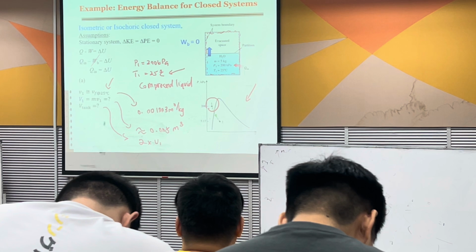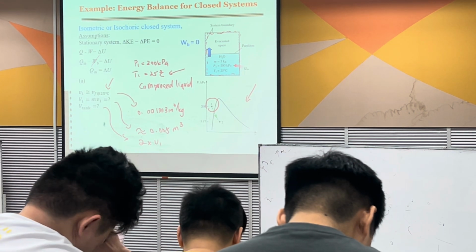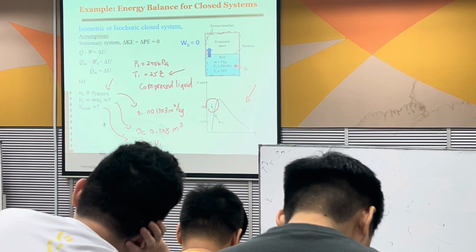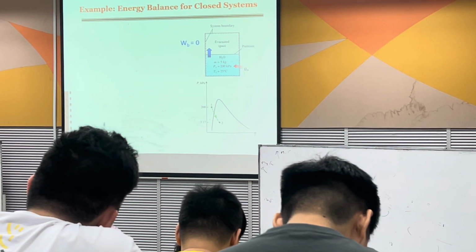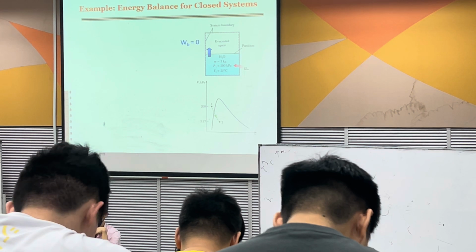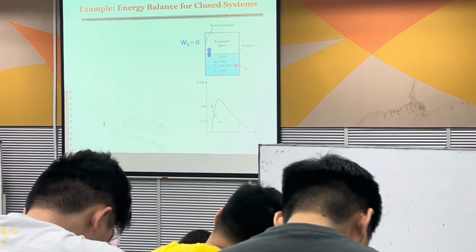So part B asks for pressure, right? So P2. So now that you get this, we could move on to part 2, which is to find the pressure. So for part 2, we know, for state 2, all we know is the temperature is 25 degrees Celsius.